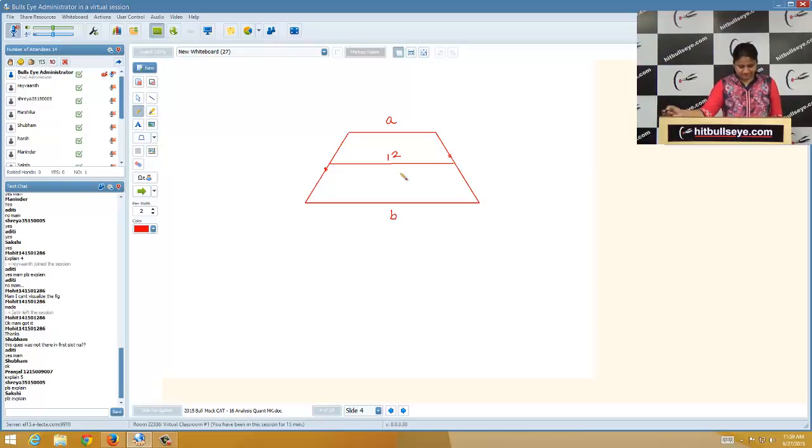First of all, by using the above formula, we can say (A plus B) divided by 2, because the middle line is given so the ratio is 1:1, is 12. So A plus B is 24.